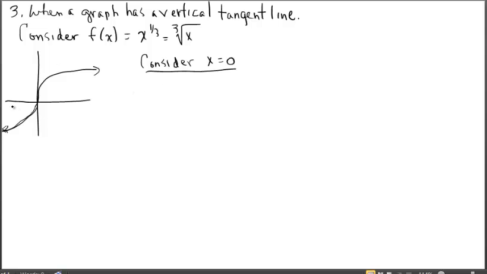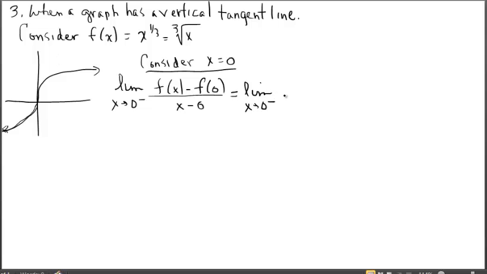Let's look at the left-hand derivative and the right-hand derivative. So f of x minus f of 0 over x minus 0. Well, the function I'm working with is x to the 1/3, and the functional value at 0 is 0.